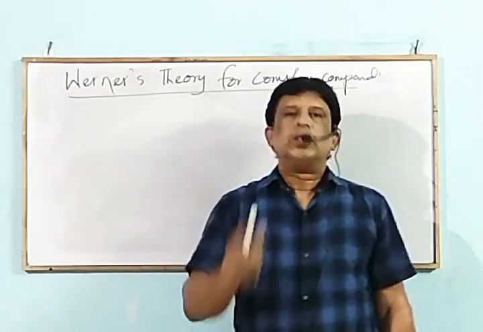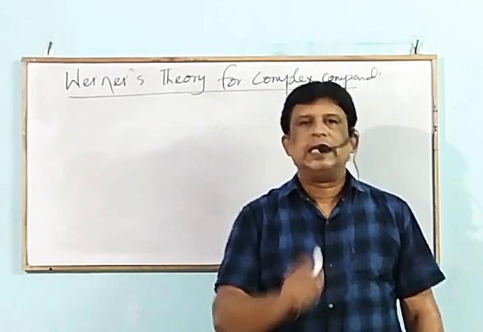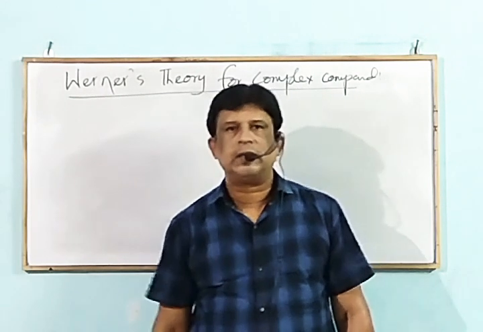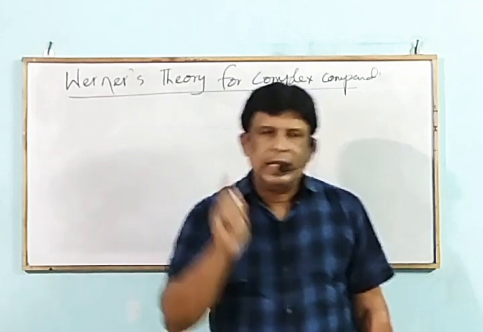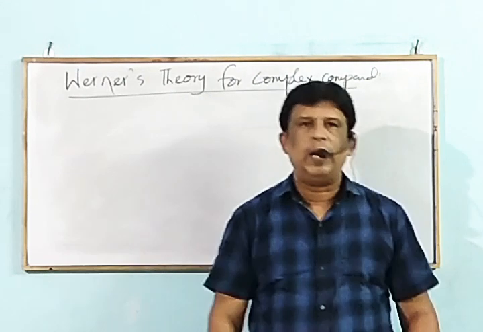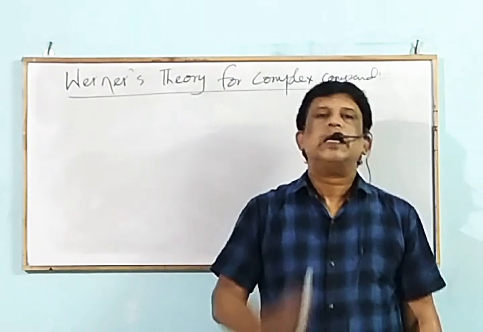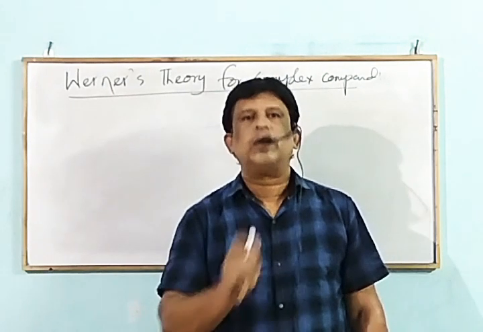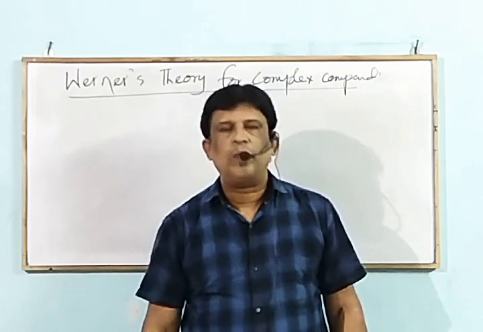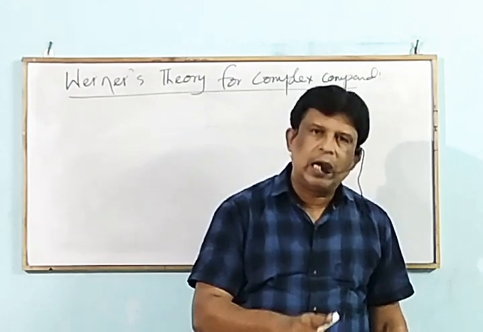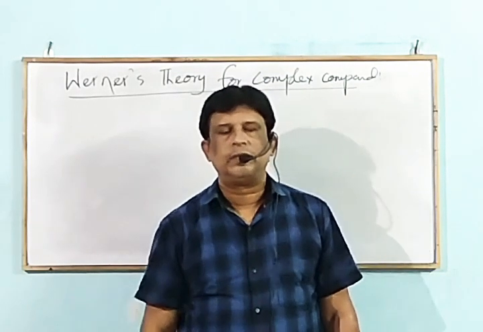Next one. The geometry of a complex is decided by the secondary valency. As the secondary valency is directional, it decides the geometry of a complex. For example, if the secondary valency is 4, that is coordination number 4, the expected geometry of the complex is either tetrahedral or square planar.